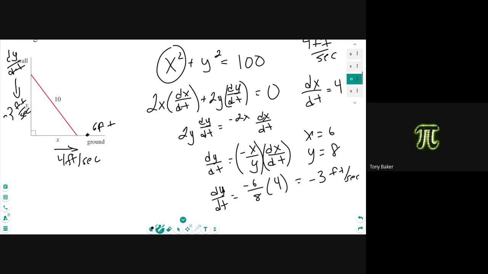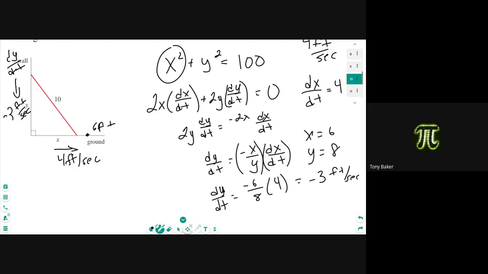What do you mean, the 4? The 4 feet per second? Which 4?